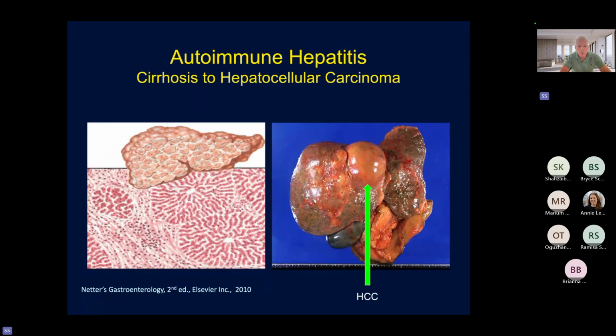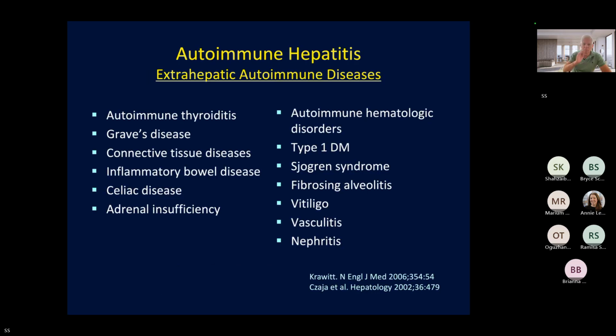Of course, with any chronic liver disease that's associated with regenerative nodules, so hepatocellular destruction, hepatocellular carcinoma certainly becomes a problem that has to be monitored in these patients long term.